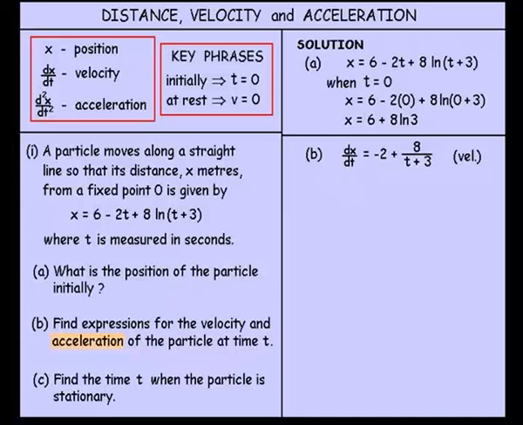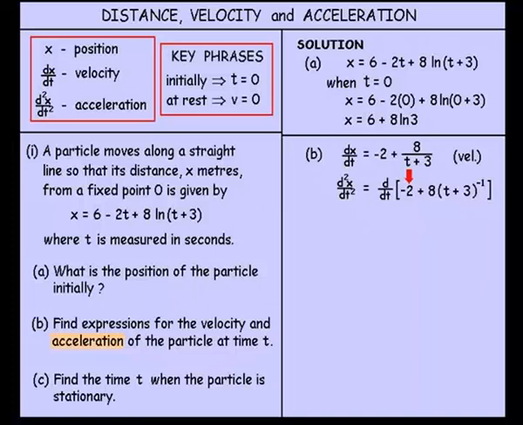Acceleration now. The formula for acceleration is the second derivative. In other words, it's the derivative of the velocity equation above, where all we've done is rewrite that 8 over (t plus 3) as 8 times (t plus 3) to the negative 1. So we need to find the derivative of that.